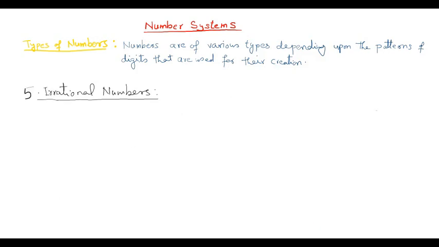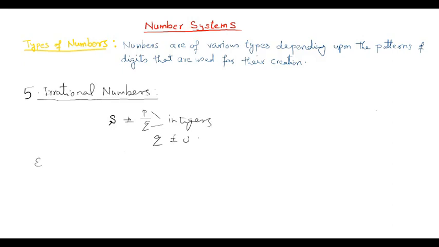So next one is the irrational numbers or अपरिमेय संख्या. A number s is called an irrational number if it cannot be written in the form of p by q, where p and q are integers and q is not equal to 0.